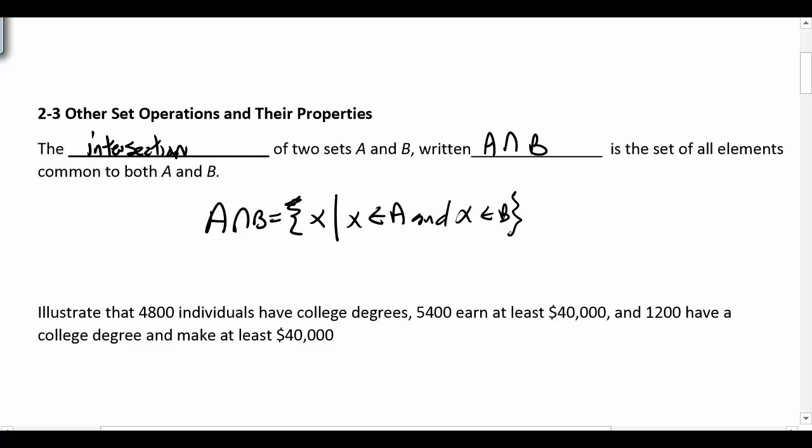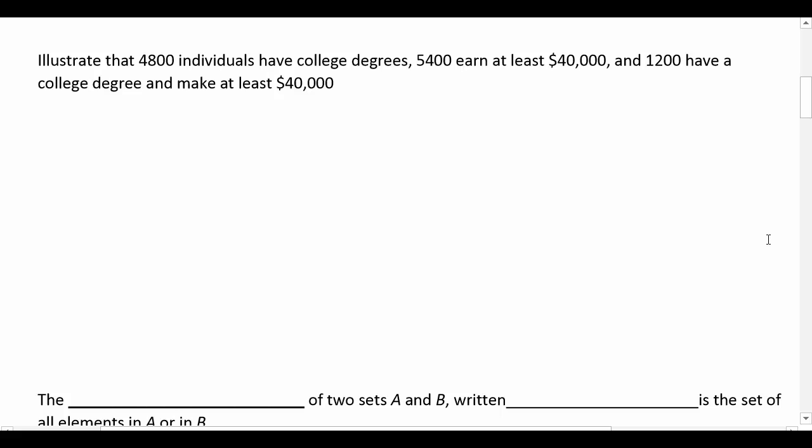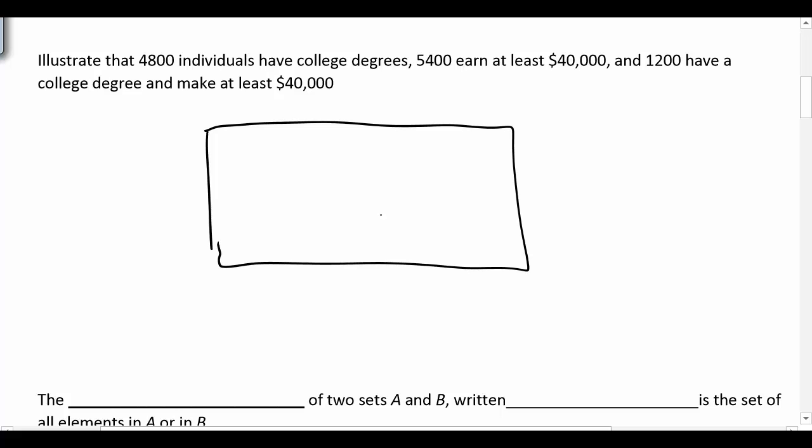Now we can illustrate this using a Venn diagram. So let's put some numbers in here and visually see this. 4,800 individuals have college degrees, 5,400 earn at least 40,000, and 1,200 have a college degree and make at least 40,000. So let me start with our universal set.